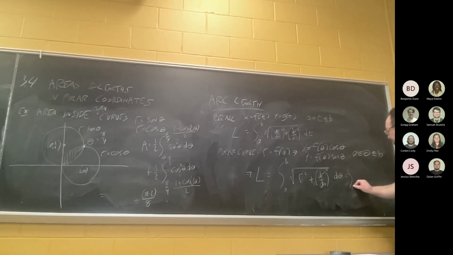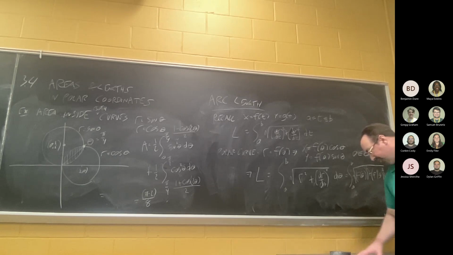The way to think about it is f of theta squared plus f prime of theta squared. So you can just jump directly to that, and then there's only one derivative to figure out.